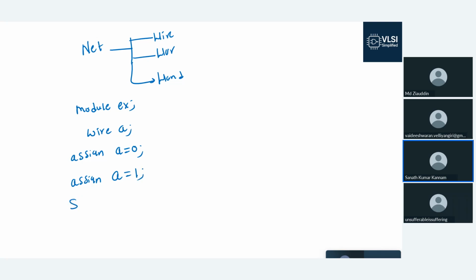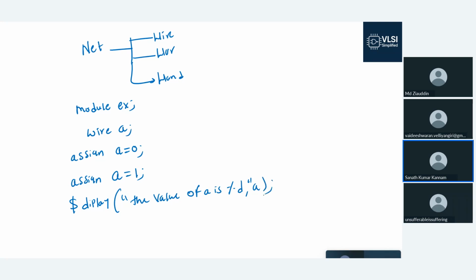In C language you have printf; here it is $display, the value of A is %b, comma A.